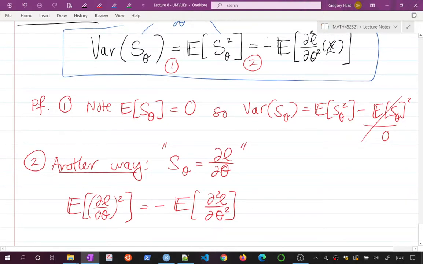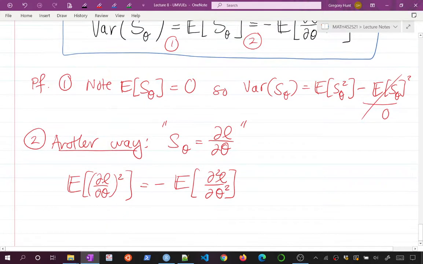Turns out you can in this case. At least in expectation, you have to throw in a negative sign. Notice, but we'll talk about that, it says that instead of calculating the score, taking the derivative and then squaring the thing and then calculating this expectation, which might be hard, you could just take 2 derivatives, which is generally going to be much easier, and you can take the expected value of it.